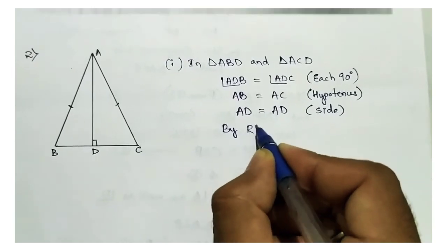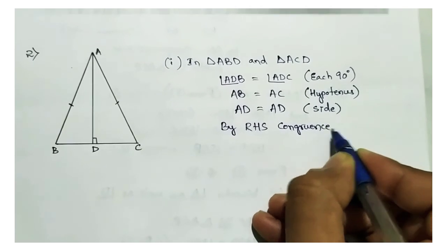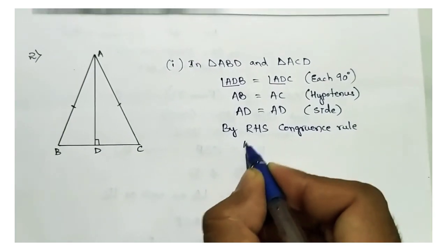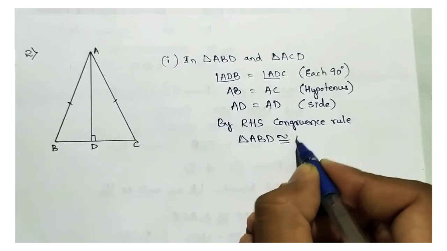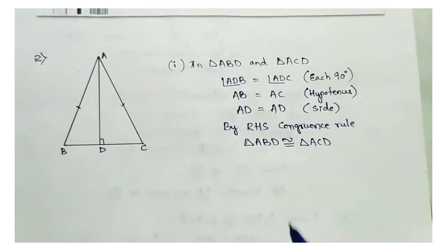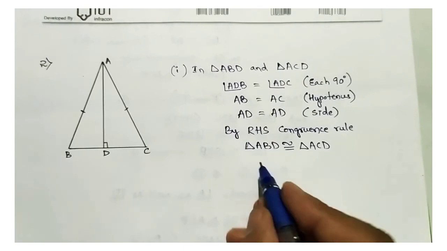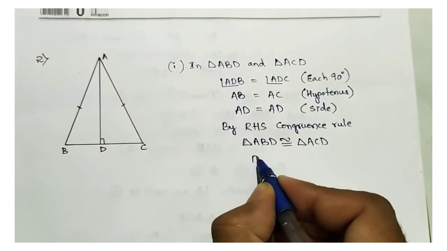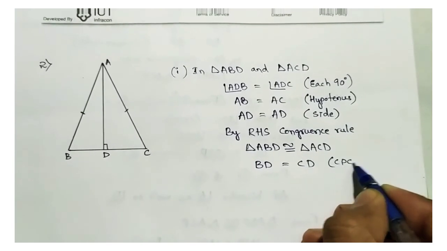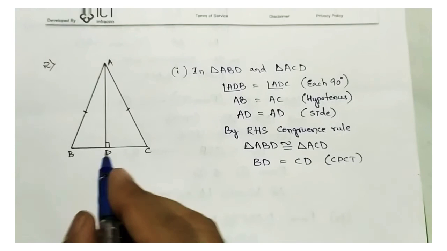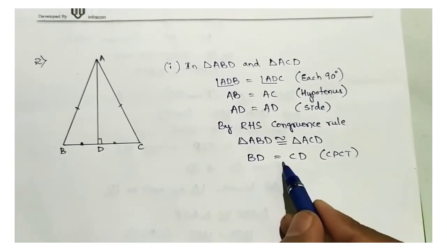Right angle means 90 degrees, hypotenuse, and side, so by the RHS congruence rule, triangle ABD is congruent to triangle ACD. If these two triangles are congruent, then we will get BD equal to CD by CPCT. So two sides will be equal, BD equals CD.